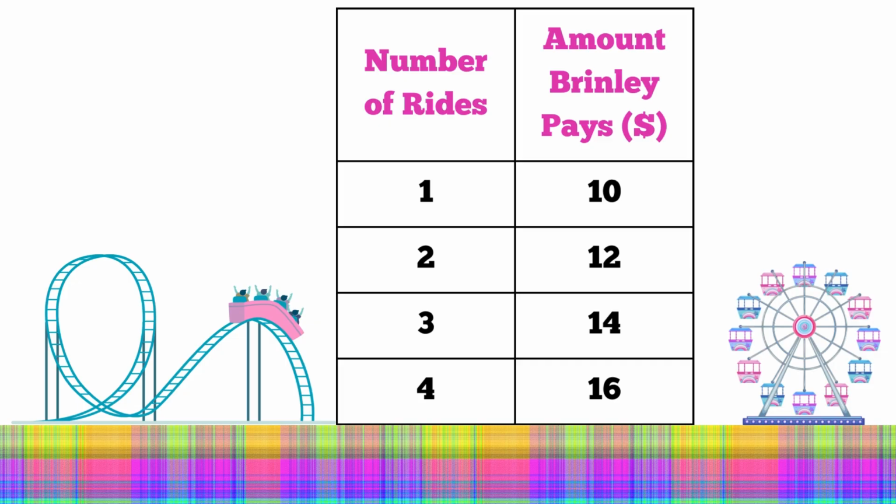You could put a $ sign as well. It should start at $10 and be followed by 12, 14, and 16. Now, notice that the amount Brinley pays starts at $10 when she goes on 1 ride, and it increases by $2 each time she adds another ride.